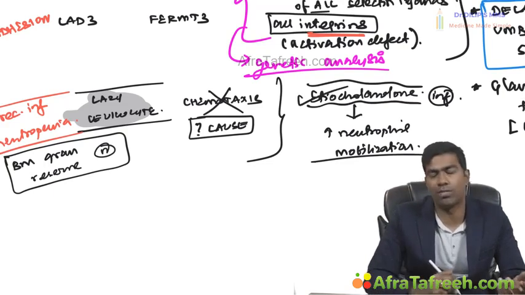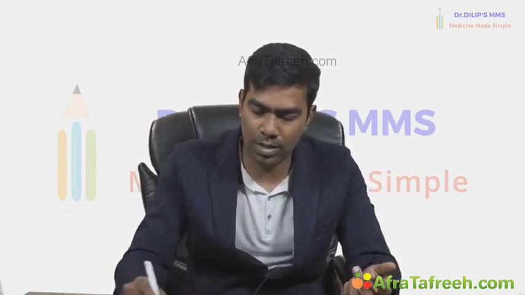But even after injection of etiocholanolone, if you don't see sufficient neutrophils in the blood and still have a low amount of neutrophils, it means it's a chemotaxis defect, and you can diagnose lazy leukocyte syndrome. This could be a very potential question in the basics. So that's the etiocholanolone test, which is useful for identifying lazy leukocyte syndrome.